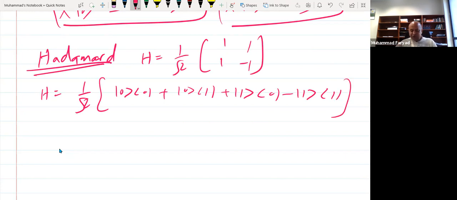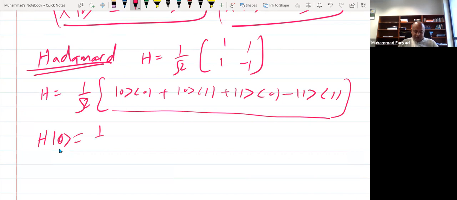Now, first of all, you see quickly what is happening. If I apply this Hadamard to the 0 state, there's a 0 on the right here and a 0 on the right here. So when 0 comes from the right side, this term will not contribute, this will not contribute. Only this and this will contribute.